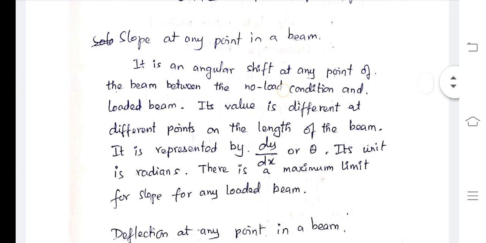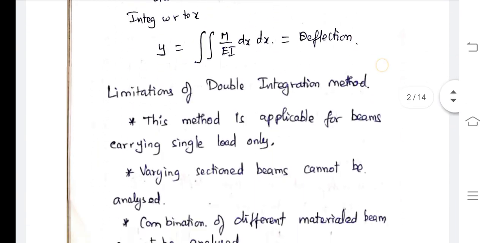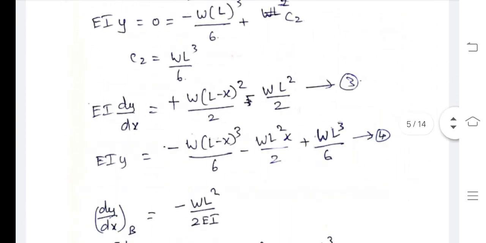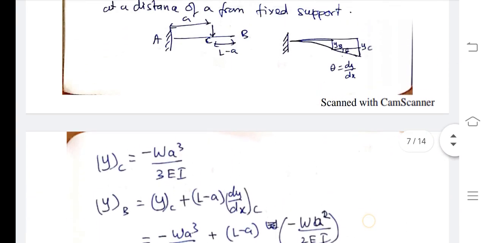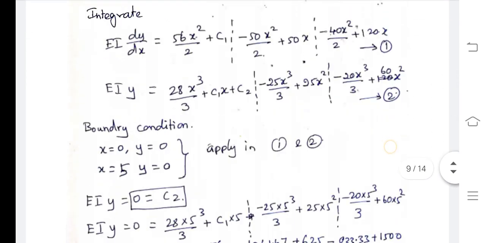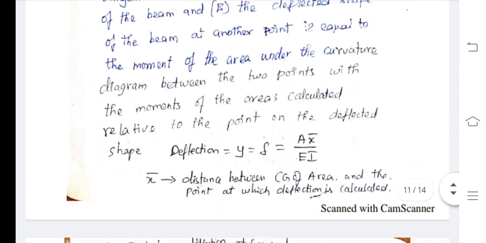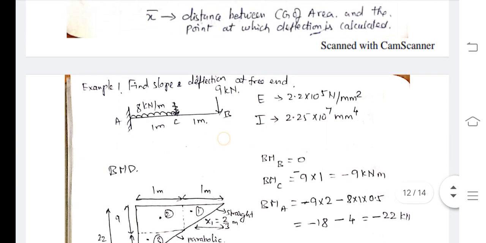It is an angular shift. I'll show you with an illustration. Okay, let's consider this type of beam.